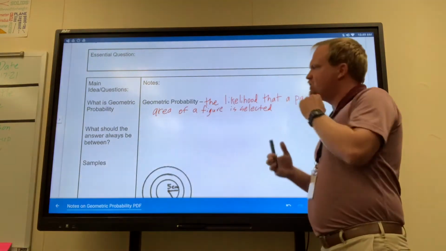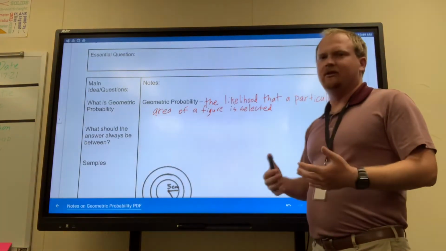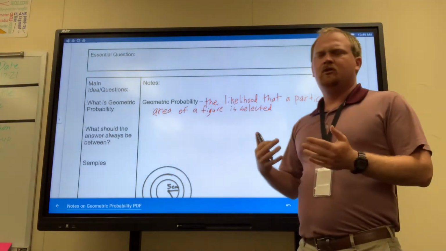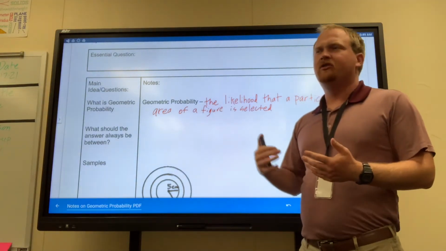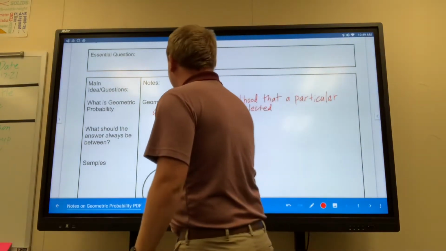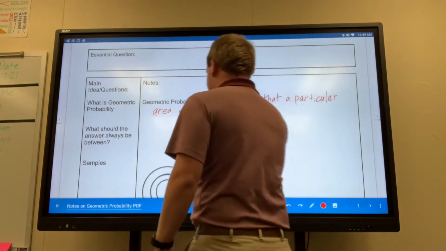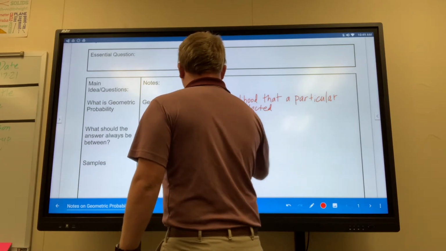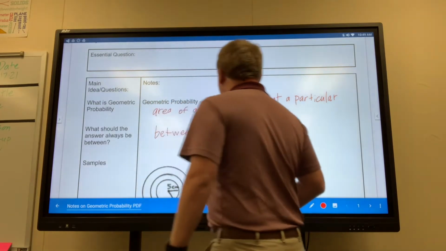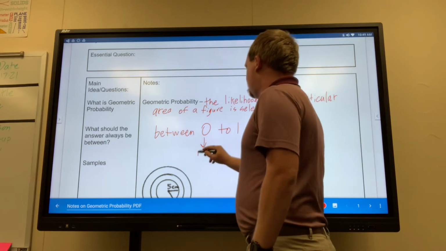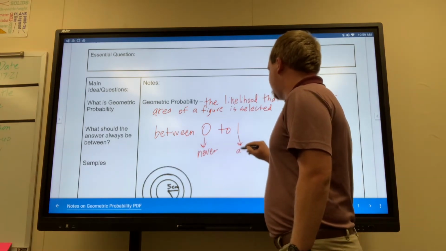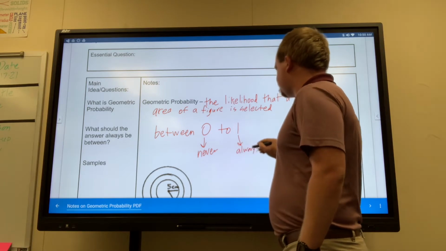Now, what should the answer always be between? When it comes to chances, it always goes between 0 and 1, which means 0 means never, while 1 means always.